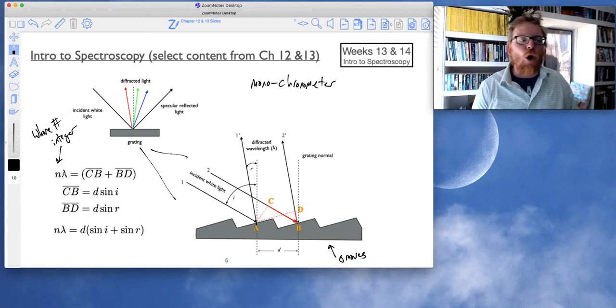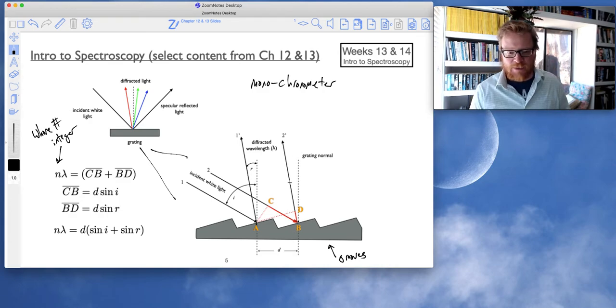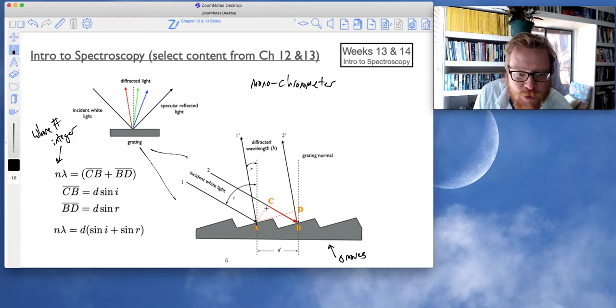But as long as it's a whole number integer of the wavelength in question, and particularly the CB plus BD length. And so like I said, I'm not going to derive this. This gets into just geometry. It's a geometrical derivation. But the way this works, the CB plus BD distance must be some integer wavelength, right?